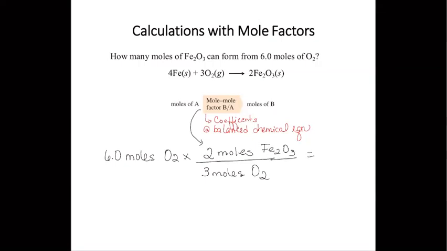So when I do this, I'm going to take 6.0 times 2 divided by 3. Your calculator display shows a 4, but how many sig figs, you guys? Again, the sig figs are going to haunt us.